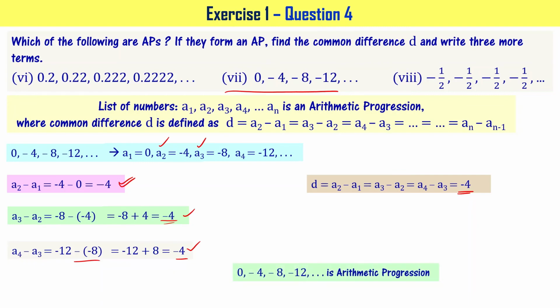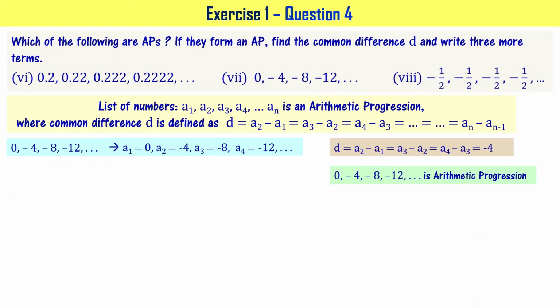Let me write that. If it is an arithmetic progression, we have to find 3 more terms, right? Let's do that. Since we know A4, that is minus 12, and D equal to minus 4, we can write A5 as A4 plus D, right? That is going to be minus 16.